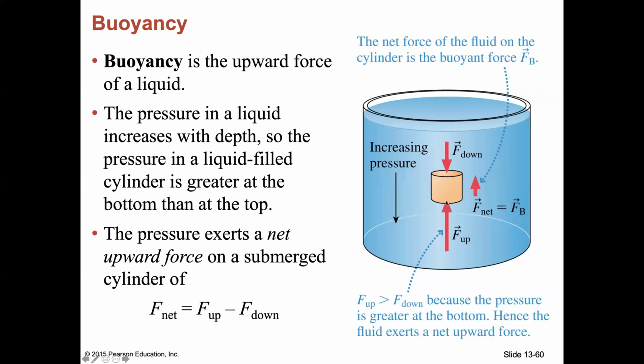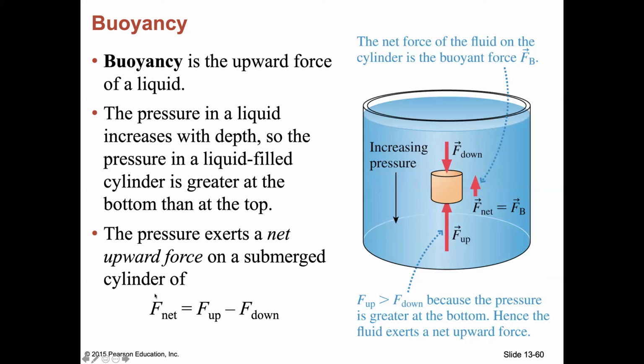And now let's talk about the direction of the forces on the top and at the bottom. On the top, the force is going down, which is trying to push the block down. And at the bottom, the force is going up, which is pushing the block up. Now we notice there's a difference between the force pushing up and the force pushing down.